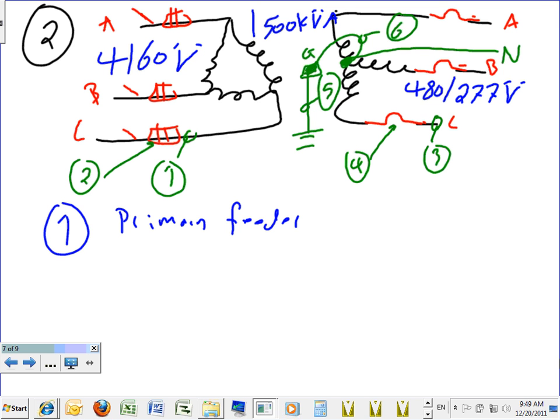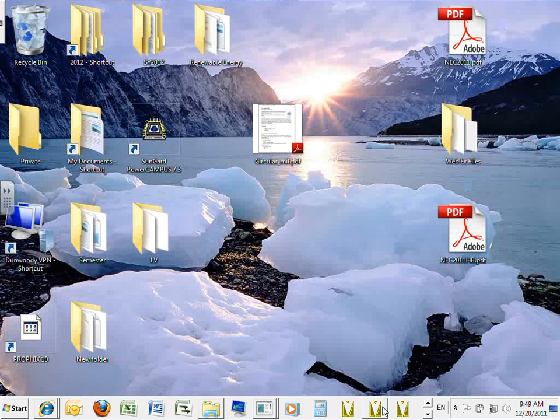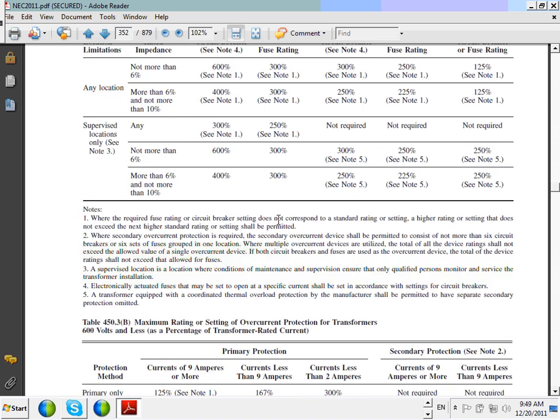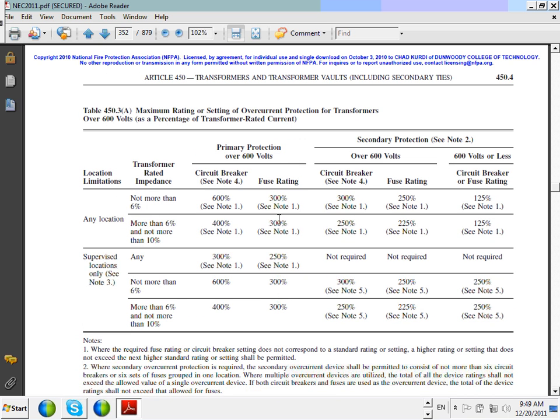Because of that, though, since we answer to the Bible, we're going to go to the NEC code book and look at the table that handles this. Okay, so everybody knows 450.3(B). We just went there. Right before it, guys, there's another table, Table 450.3(A).